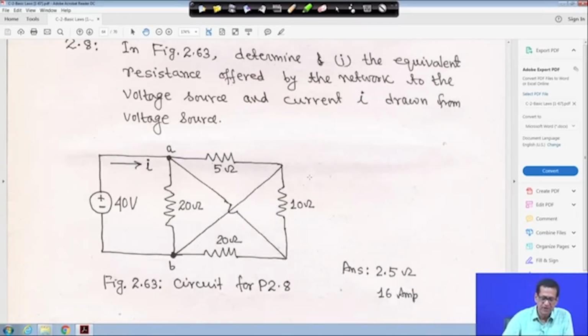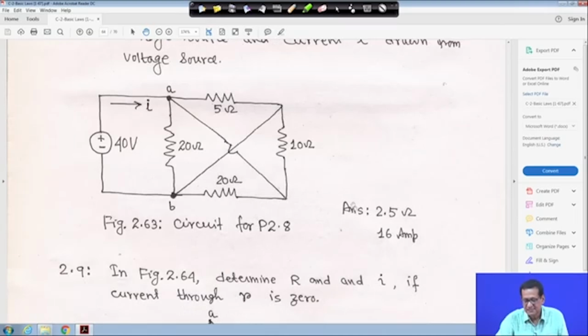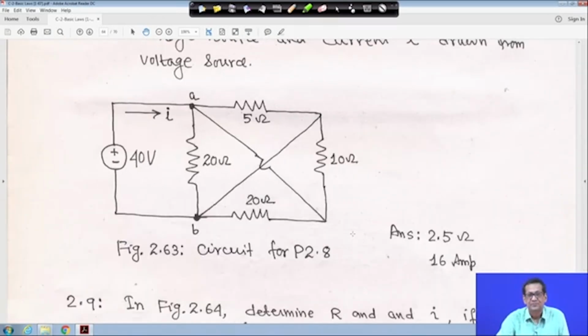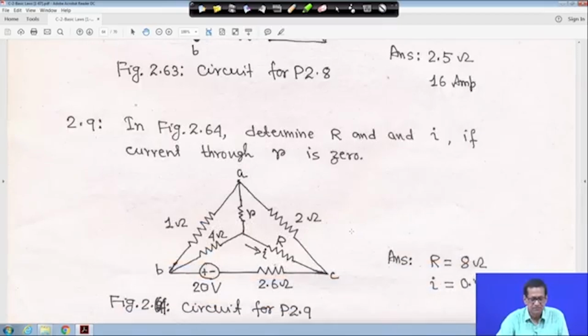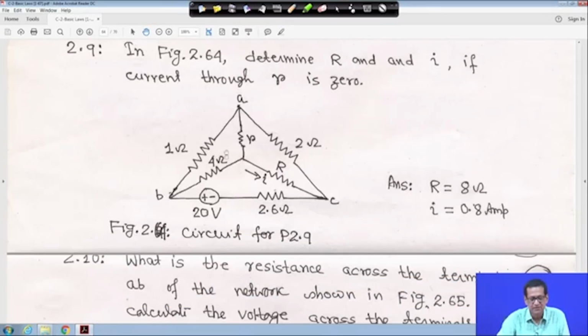That means you have to find RAB, the equivalent resistance offered by the network to the voltage source, and the current I drawn from it. The answer is given: 2.5 ohm and 16 ampere.